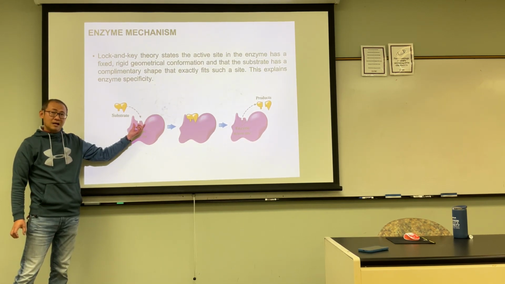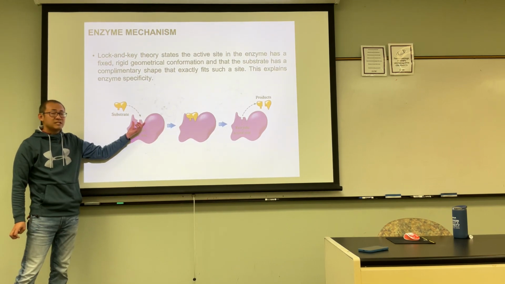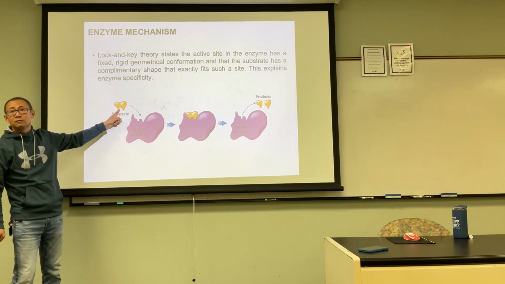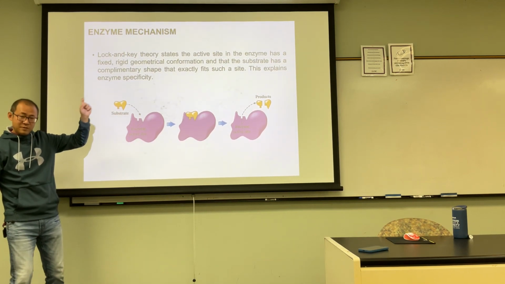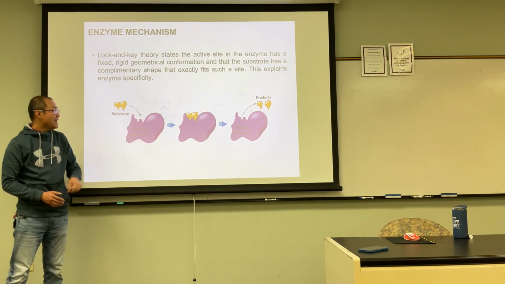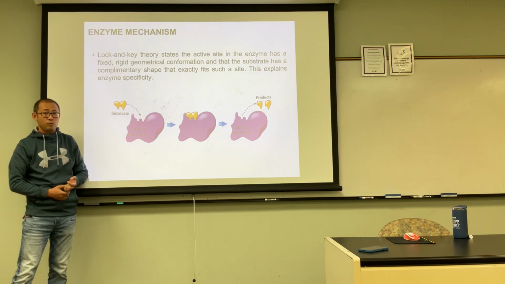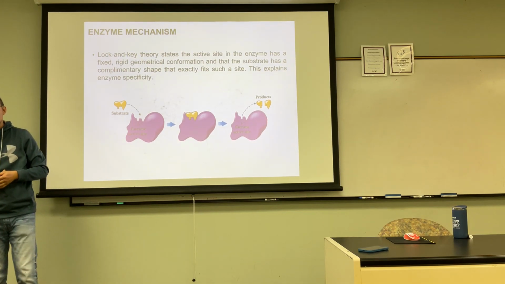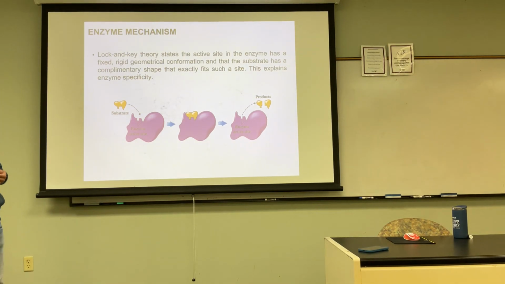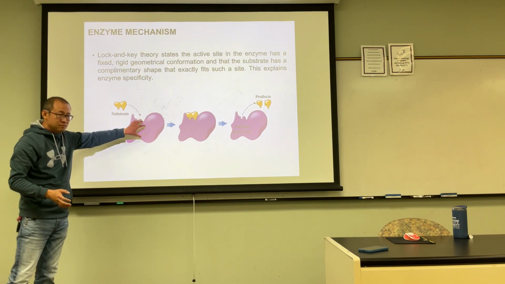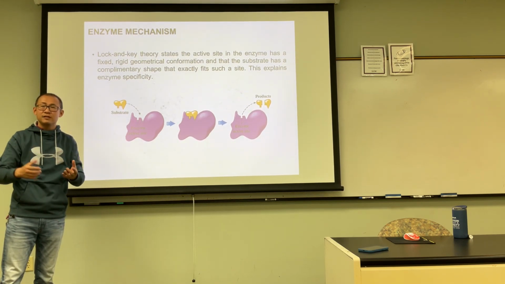Because of the rigidity of this active site, some enzymes can only accommodate a specific substrate that can perfectly bind with it. We call this type of binding the lock and key model. What is lock and key? The key must match the lock perfectly. No mistake. They bind perfectly because the active site is rigid. The enzyme is relatively rigid.